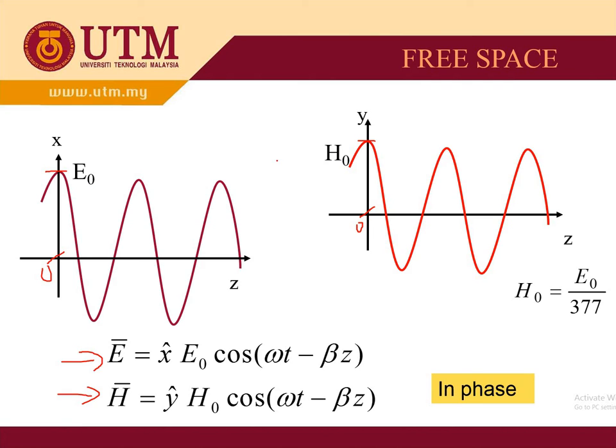And since in free space the magnitude of intrinsic impedance is fixed at 377, you can just substitute this value, so H naught equals E naught over 377, because we have a readily available value of intrinsic impedance.